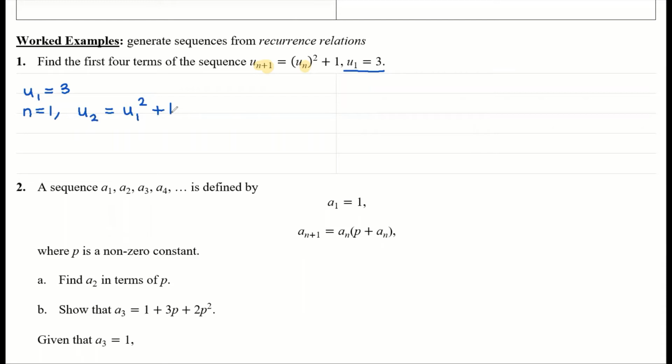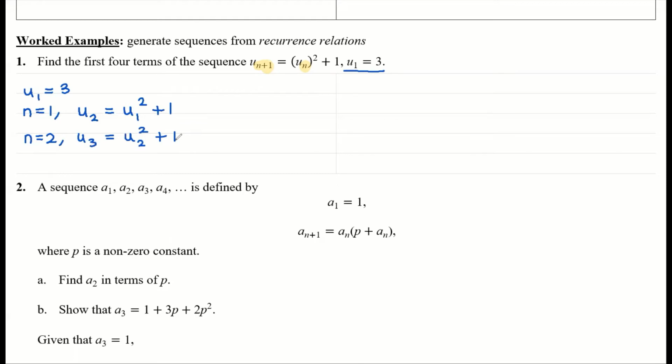Similarly, before we substitute anything in, when n equals 2, we know that U3 this time, which is 2 plus 1, so that's n plus 1, is equal to U2 squared plus 1.